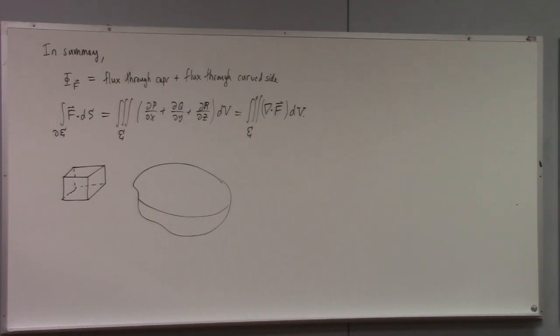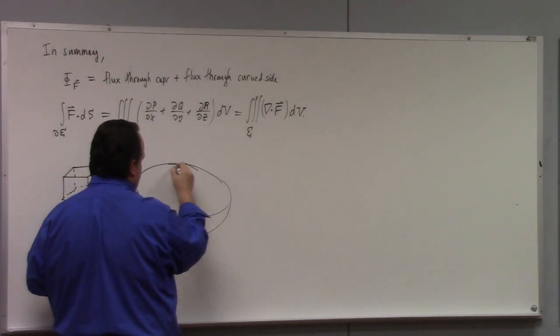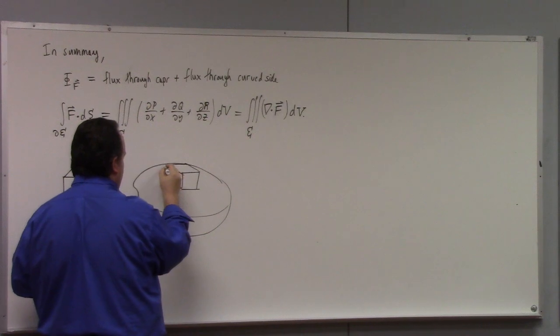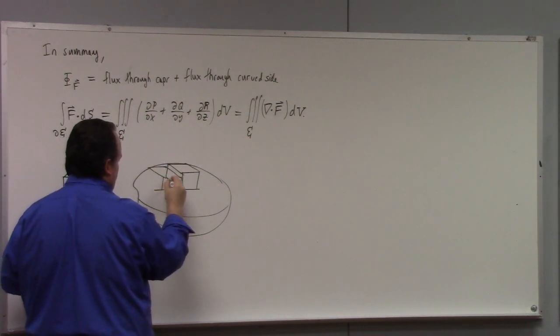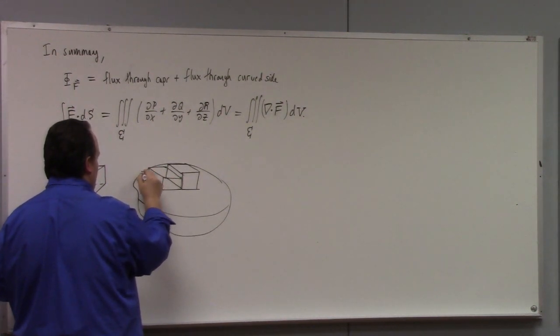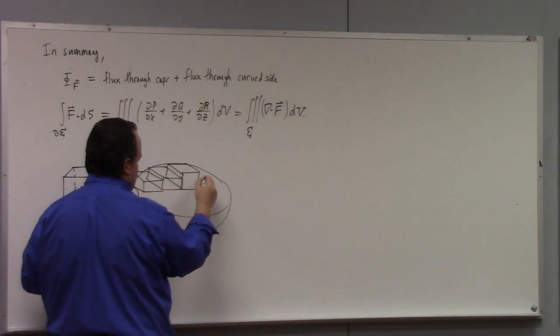Well, here's the thing: you can take any three-dimensional blob and you can break it into what? You can break it into a bunch of cubes, or cylinders, if you like, I suppose. I'm not very good at drawing this. I'm just trying to illustrate the idea.